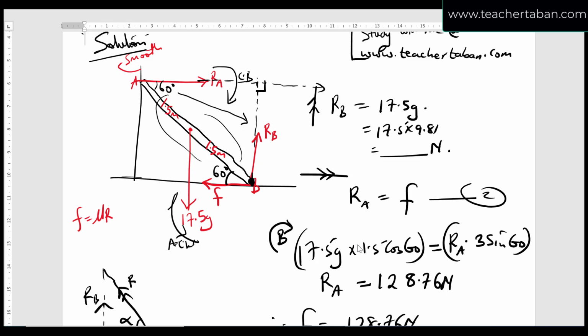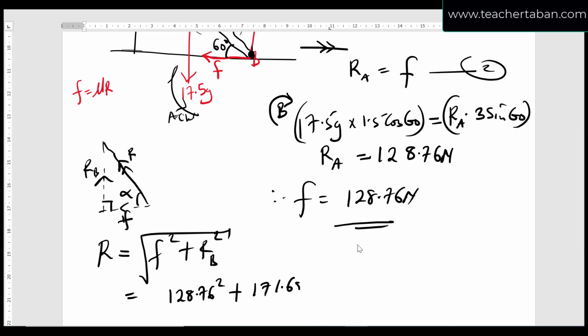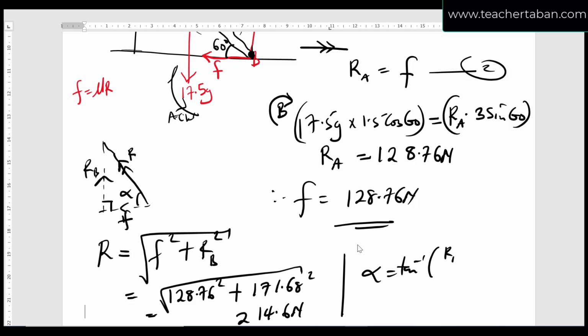We got 171.68. So 171.68 squared, everything under a root, and this will give us 214.6 newtons. The angle will be equal to tan inverse of RB over F. Substitute, you get the answer as 53.1 degrees.